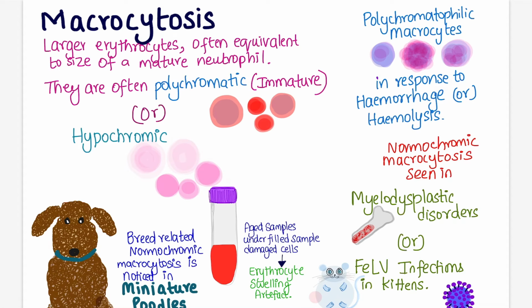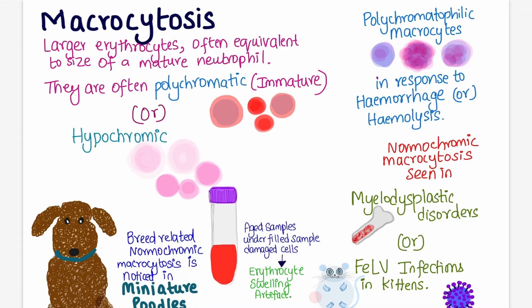All immature erythrocytes are larger than mature erythrocytes, and they stain blue with Romanowsky stains because of the RNA content in them, and they are released in response to hemorrhage and hemolysis.